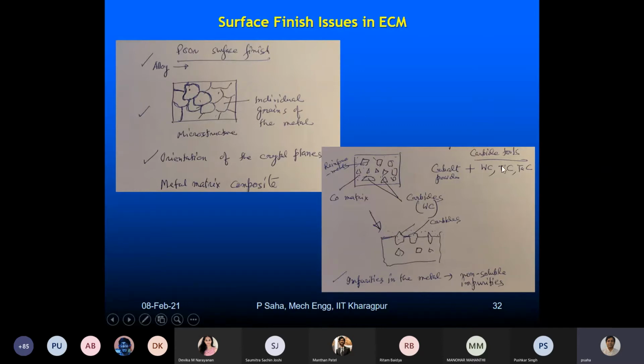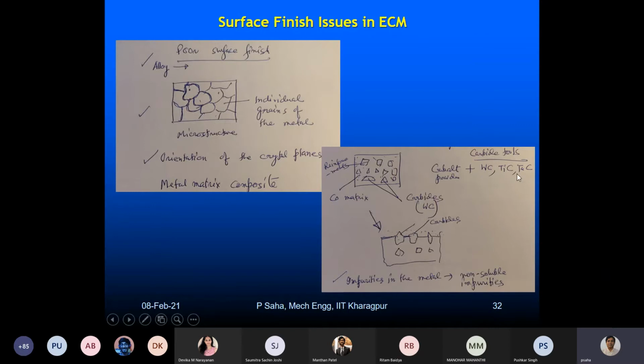How do you manufacture them? They are made by powder metallurgy. You take some binder material, which is typically a pure metal like cobalt, maybe 5 to 15%, 20% maximum. The remaining portion is typically carbide particles, say tungsten carbide, titanium carbide, tantalum carbide.